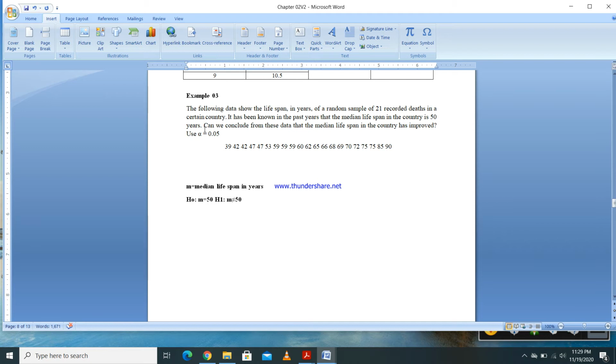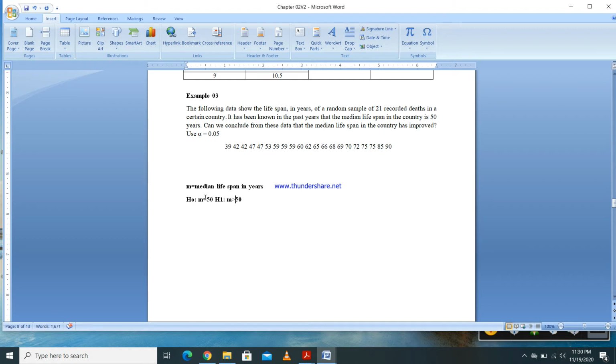In this question, we have to find whether we can conclude from these data that the median lifespan in the country has improved. If it has improved, the claim means we have to check whether the lifespan is more than 50. So this should be greater than 50.